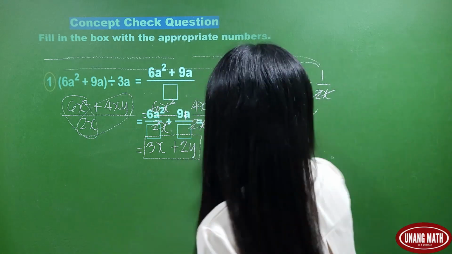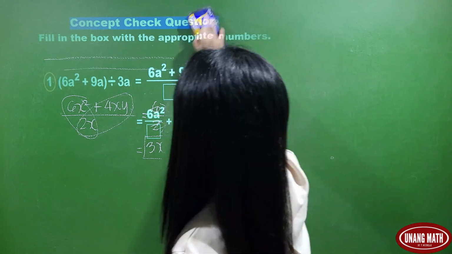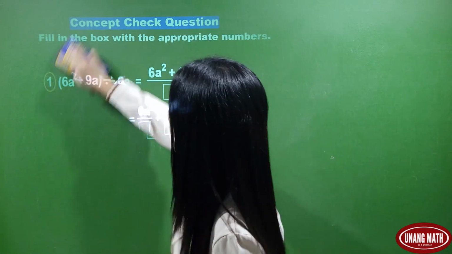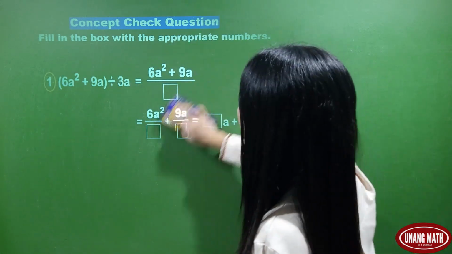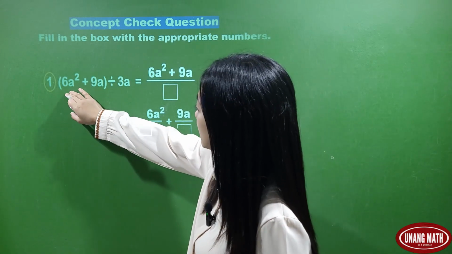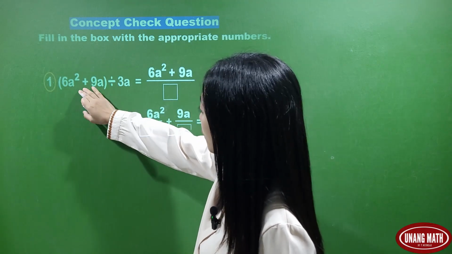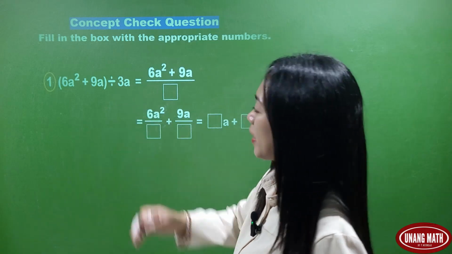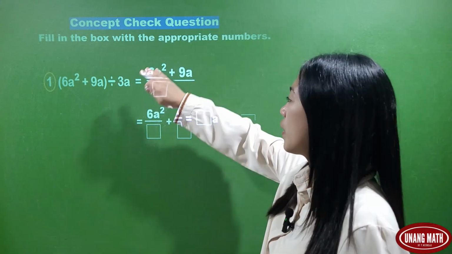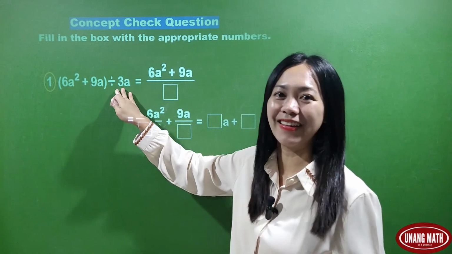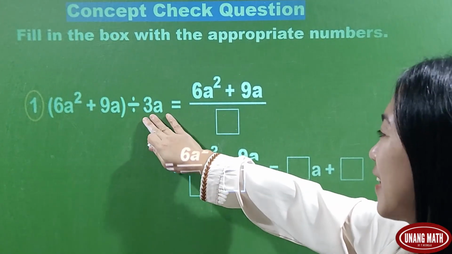Okay, let's give more examples by answering these concept check questions. Fill in the box with the appropriate numbers. Let's divide this polynomial 6a raised to the power of 2 plus 9a by this monomial 3a. We will be using the fractional form of this given polynomial and monomial.